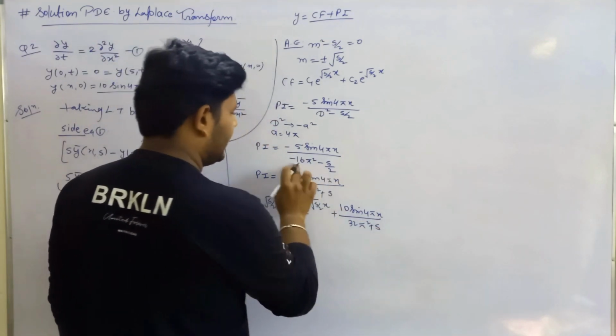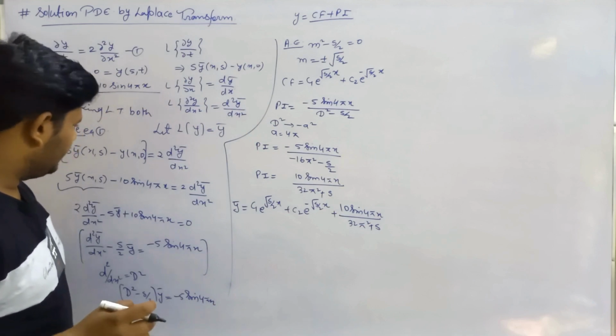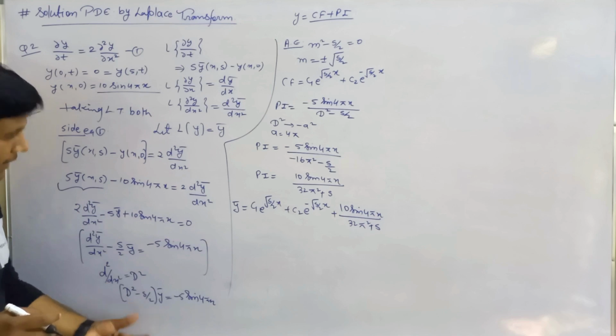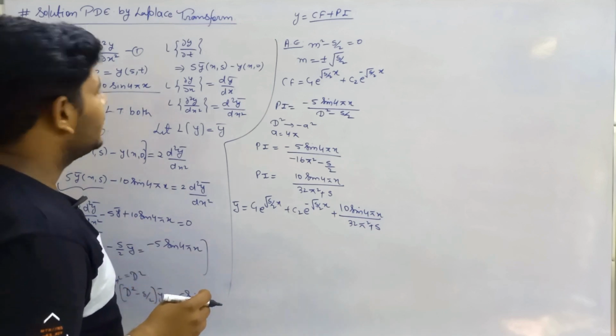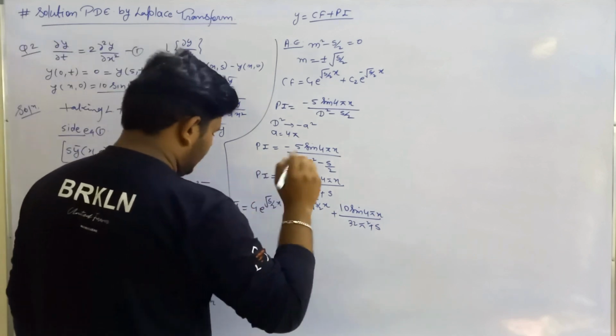Taking minus common from here, it will be minus 2s or plus 2s by dividing. Let me check, D square minus s by 2, okay, correct.